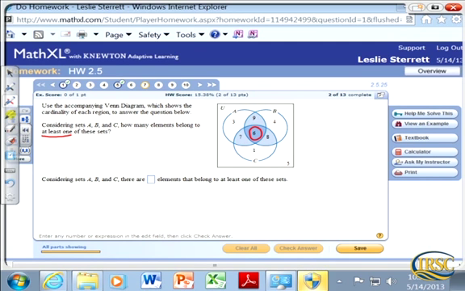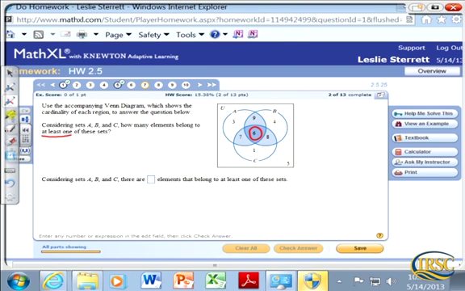So at least, what does at least one mean? At least one means that it belongs to one or more sets.